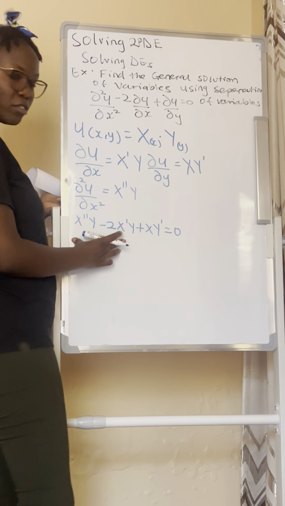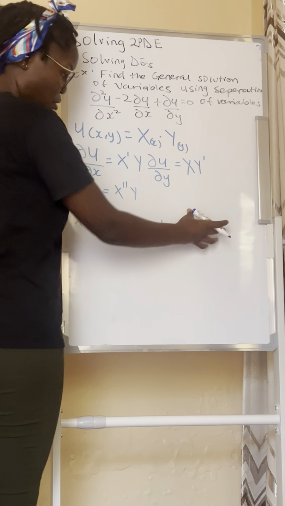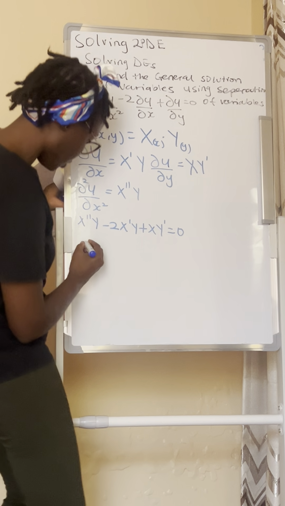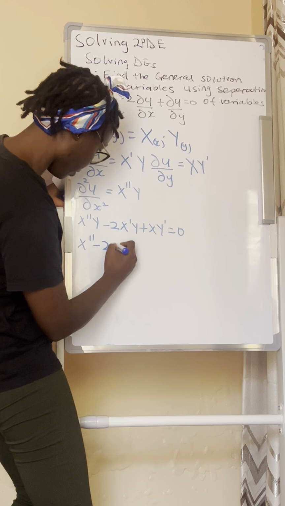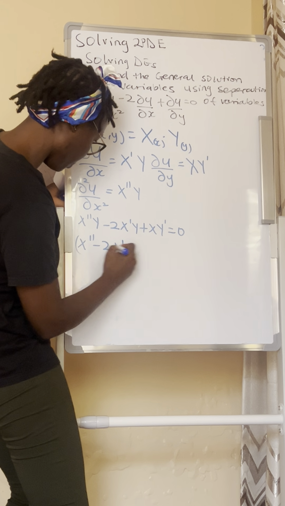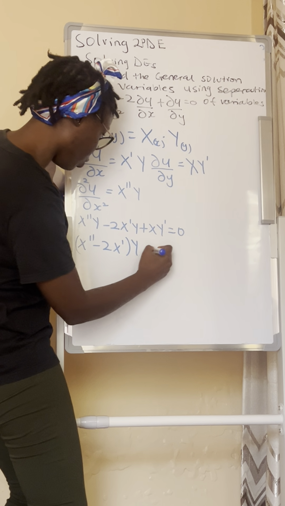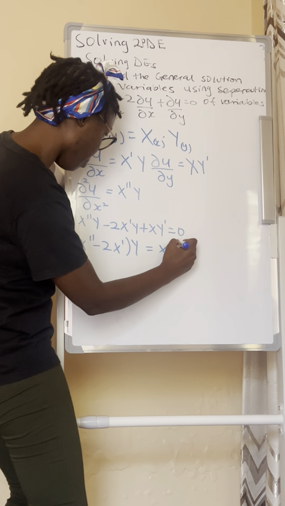Now we separate the variables. We put the y's on the other side, the x's on this side. We'll come up with x double prime minus 2x prime y is equal to x y prime.